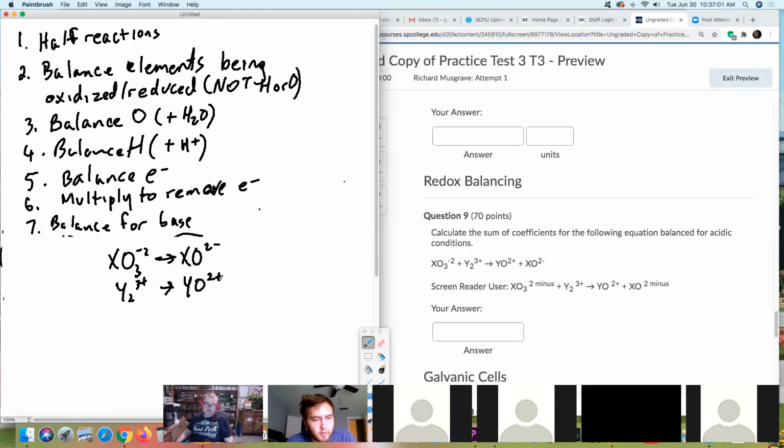So XO3 minus 2 is being reduced to XO minus 2, and Y2 3 plus is being oxidized to YO2 plus.